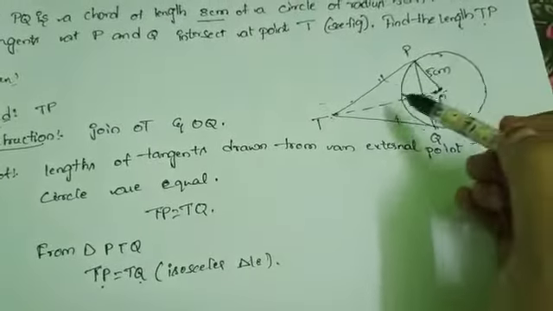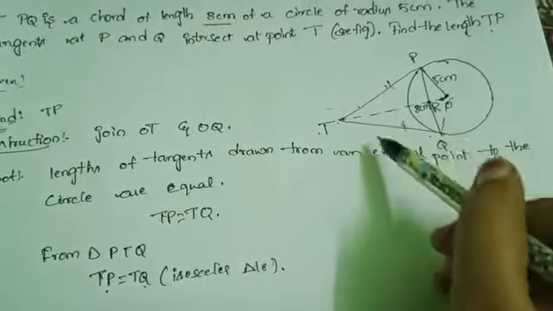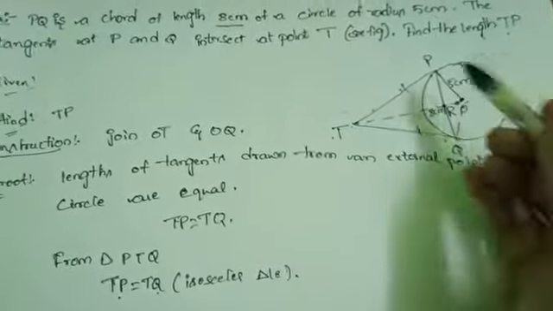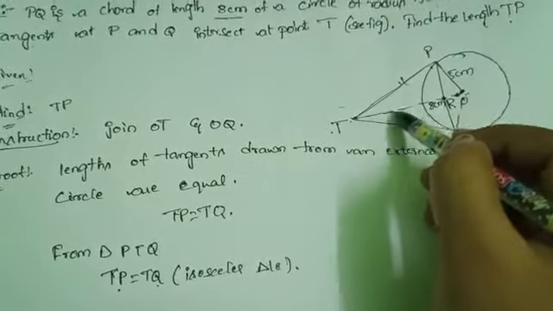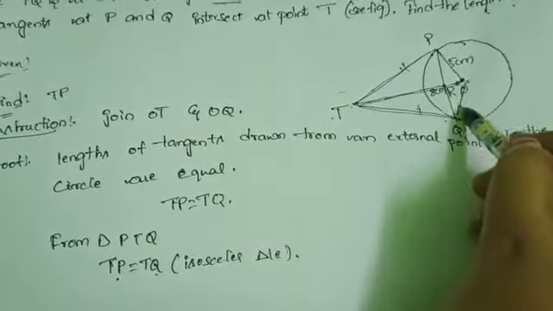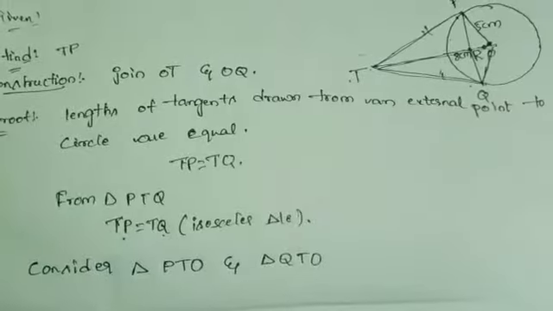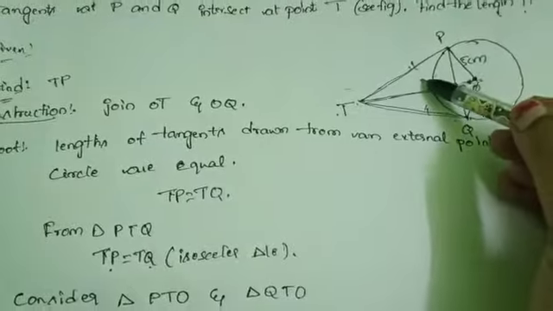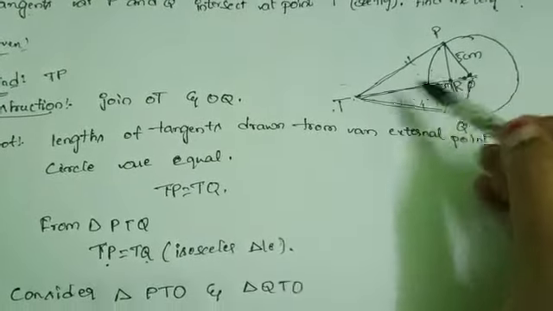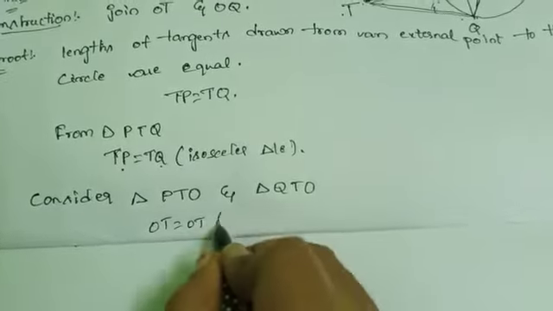Here consider triangles PTO and QTO. In these two triangles, OT equal to OT, this is the common side.